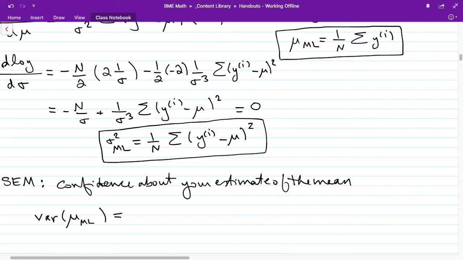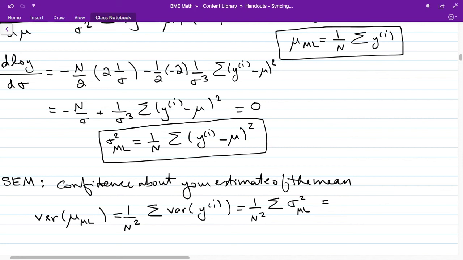Well, variance of this is going to be 1 over n squared times the sum of variance of yi, which is equal to 1 over n squared. Each y has variance described by my maximum likelihood estimate, sigma squared. So I have n of these, so n divided by n squared becomes 1 over n times sigma squared.